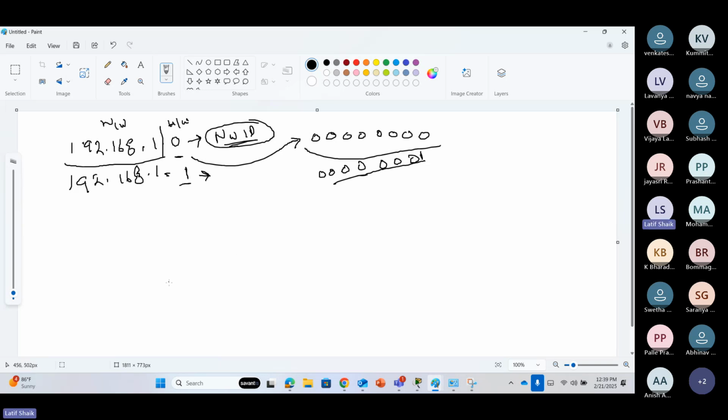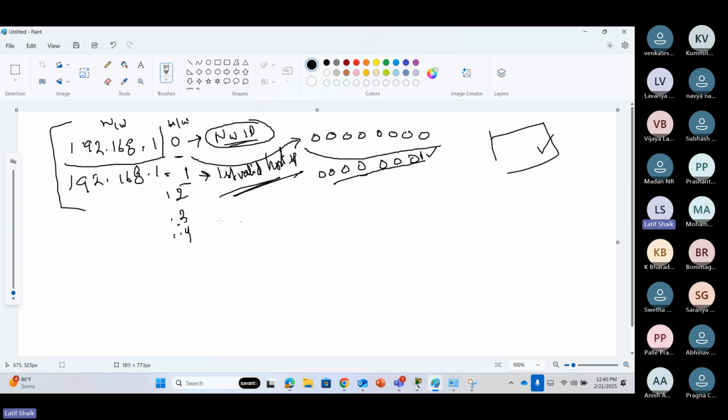This one we call the first valid IP, the first valid host. It follows like dot 2, dot 3, dot 4. So this is the first valid host we can assign to a PC. You can configure it on the PC.